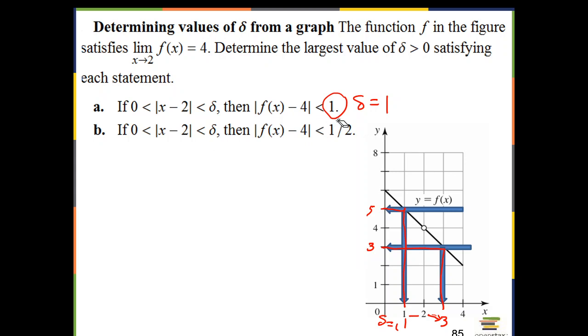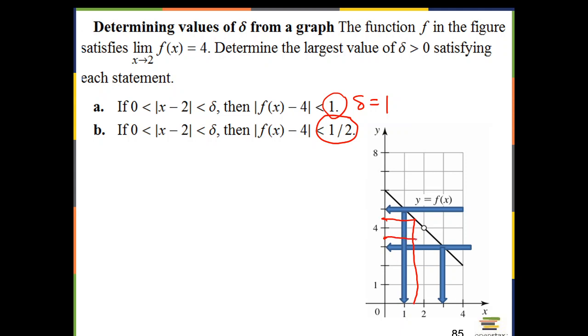Now what if you change your mind and say, okay, I want epsilon to be 1/2. Then I'm going to do the same thing here. I'm going to go to my L, which is 4, and go half a unit up and half a unit below it. And then I'm going to go to the graph and go down. Oops, right here.